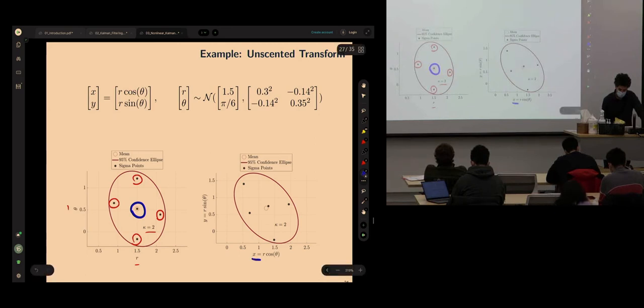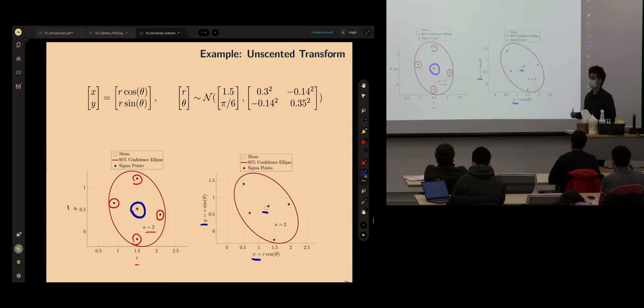So when you map it to the Cartesian coordinates, it is interesting that the weighted sample mean is not aligned with the mean that you actually evaluate your function. In the EKF, the mean is just the evaluation of the nonlinear model, which is this point here.